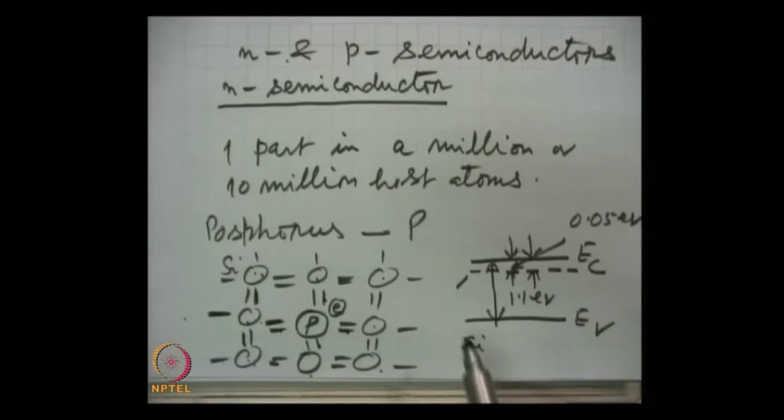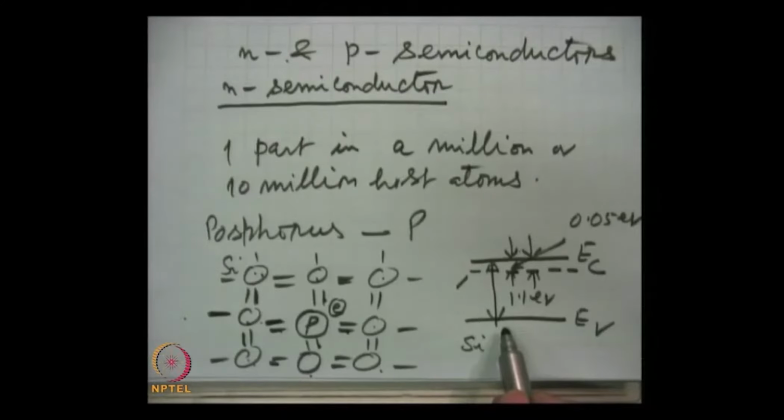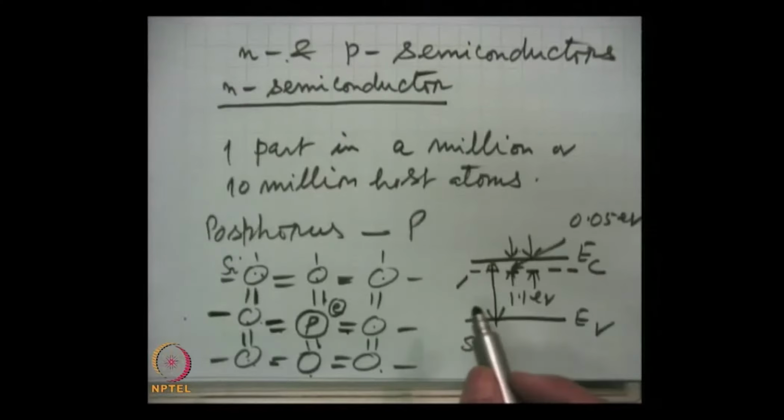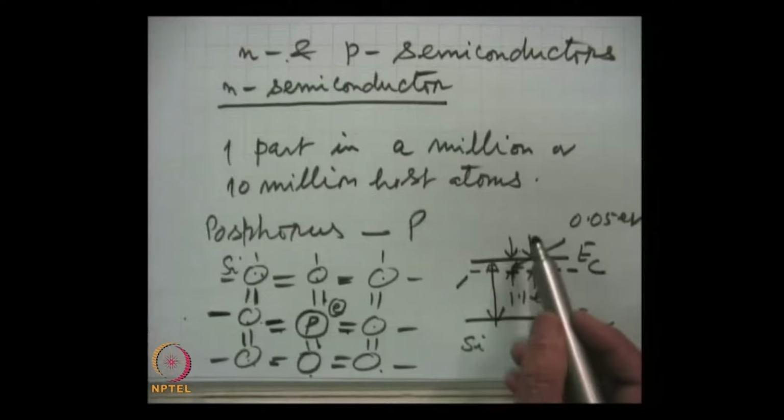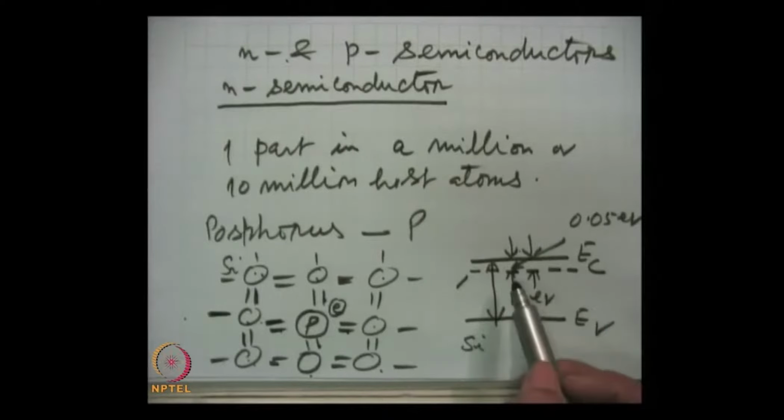Now, there are a few things which you should note. One is, in an intrinsic material, each electron which has moved to the conduction band has left behind a hole. Therefore, in an intrinsic material, the concentrations of electrons and holes are equal, and in this case this fifth electron has moved to the conduction band, but it has not left behind a hole.